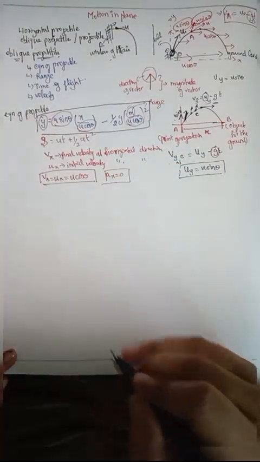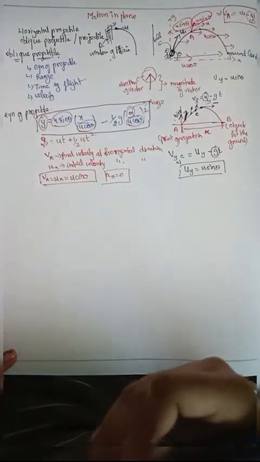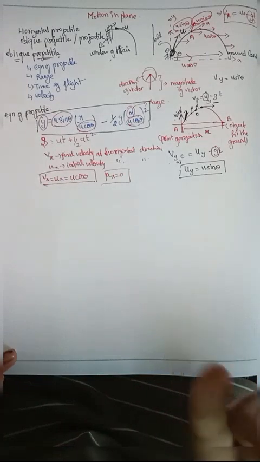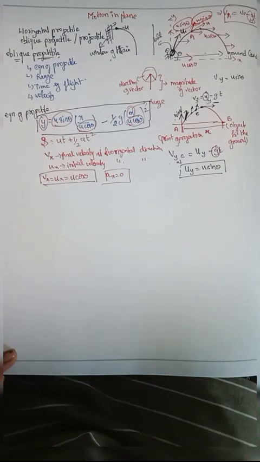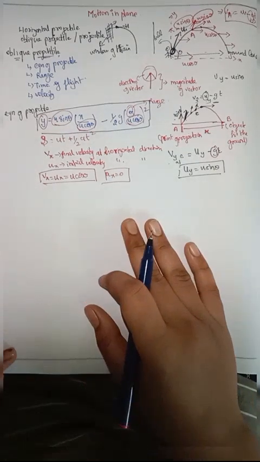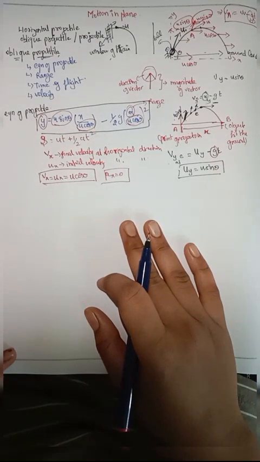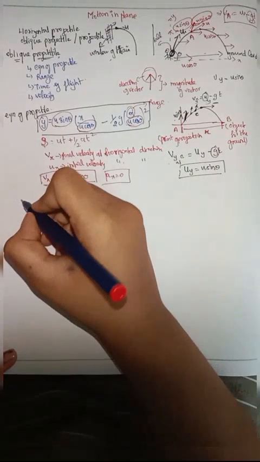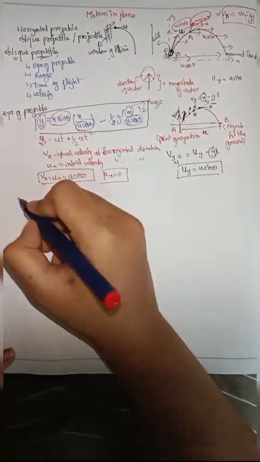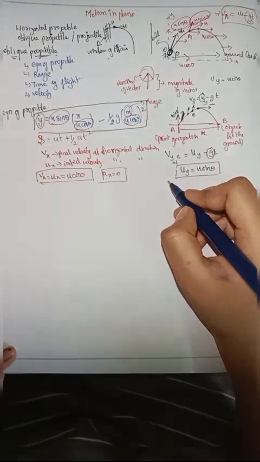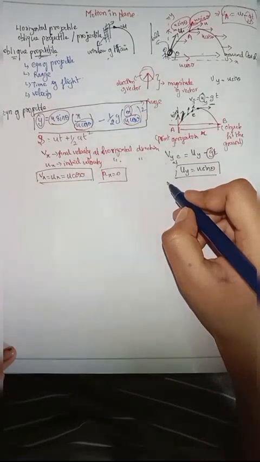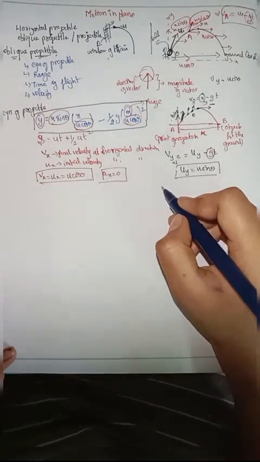Okay, the motion in the vertical direction is the same as a body thrown upwards with some initial velocity and with the acceleration g. The direction of g depends upon the direction of gravity.